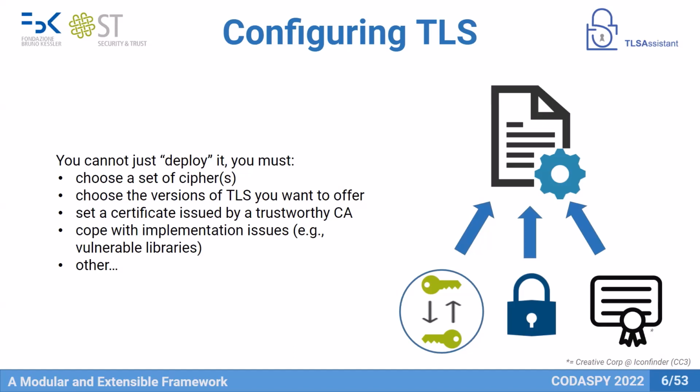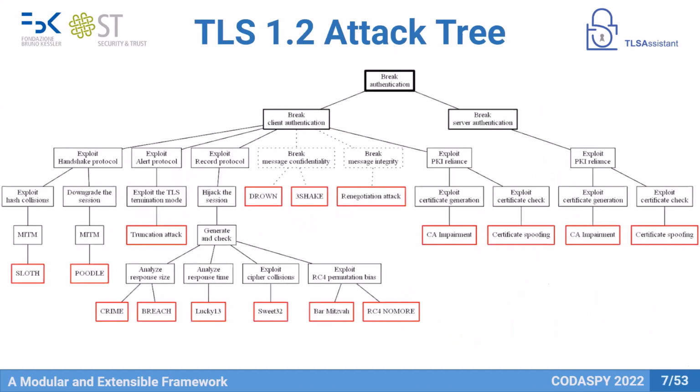What can happen if somebody does not properly configure TLS? This may happen. This is a part of an attack tree depicting almost every attack that can be performed against TLS 1.2. Almost all of them, if we remove specific legacy versions, none of these attacks can be done on TLS 1.3.